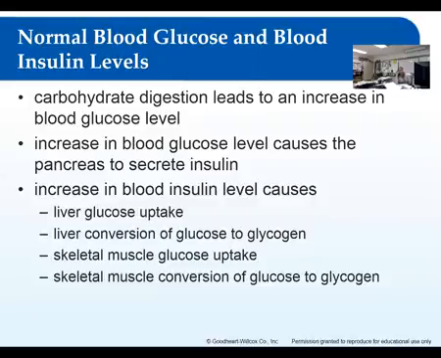Your blood sugar goes up. The pancreas says, hey, we need more insulin to get this back down, so it secretes more insulin. And increase in blood insulin level causes liver glucose uptake. So your liver's like, hey, I've got to take in more glucose, which stores it as fat. And then skeletal muscle will take that in too, convert it to glycogen, which is the way we store sugar.